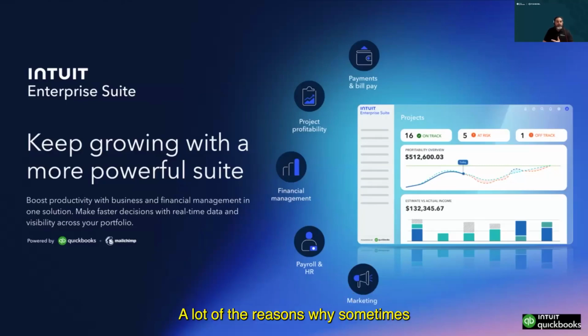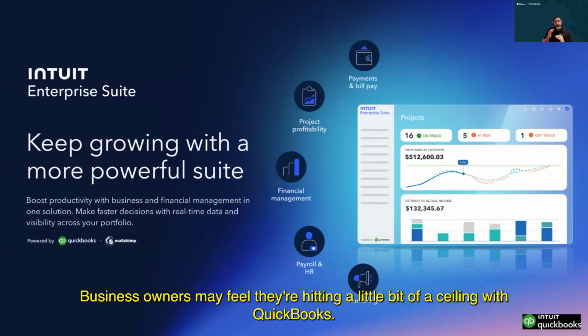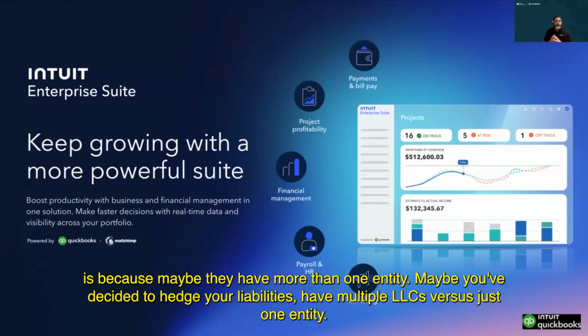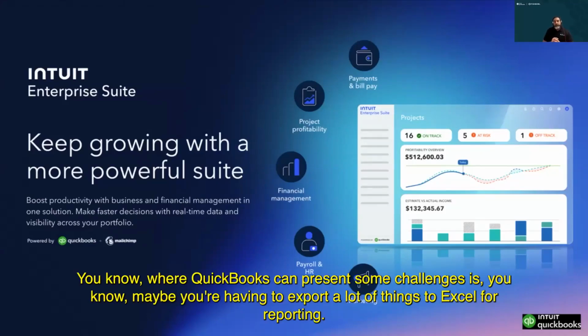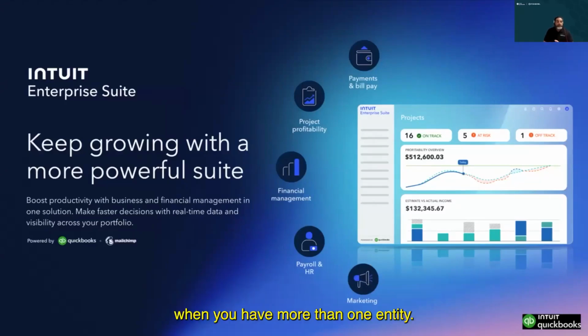A lot of the reasons why sometimes business owners may feel like hitting a little bit of a ceiling with QuickBooks is because maybe they have more than one entity. Maybe you've decided to hedge your liabilities, have multiple LLCs versus just one entity, taking on your manufacturing, your wholesale, your e-commerce, etc. Where QuickBooks can present some challenges is, maybe you're having to export a lot of things to Excel for reporting when you have more than one entity.